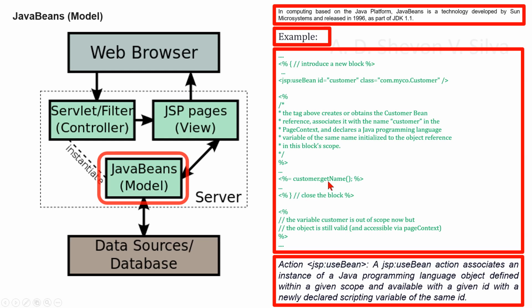Here you can see the usage of it, and here we close the block. The variable customer is out of scope now, but the object is still valid and accessible via the page context.